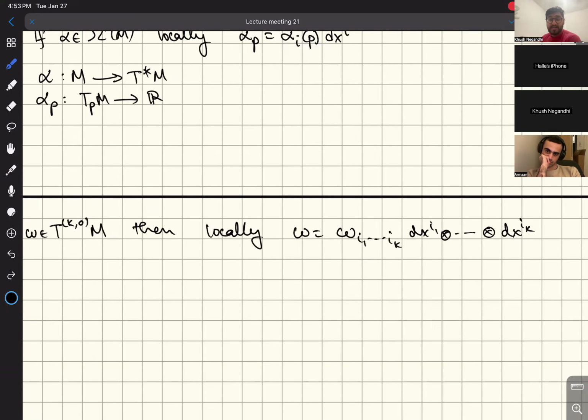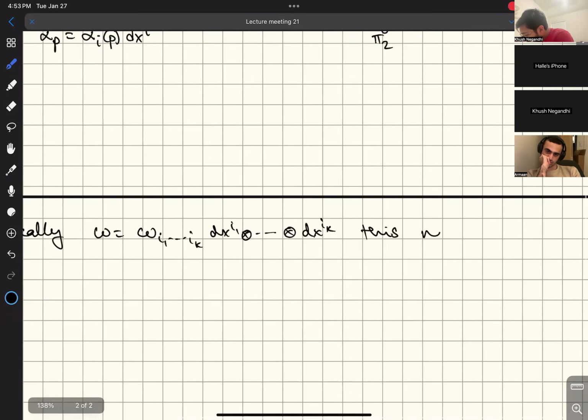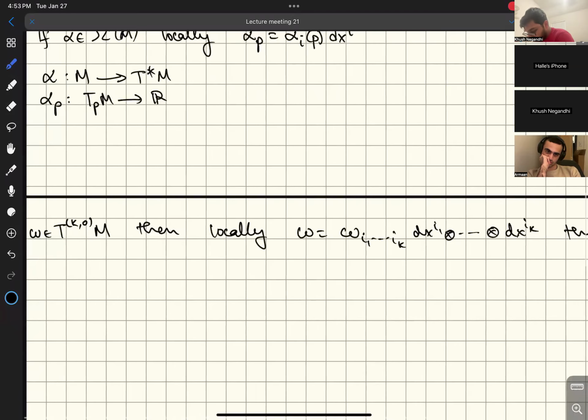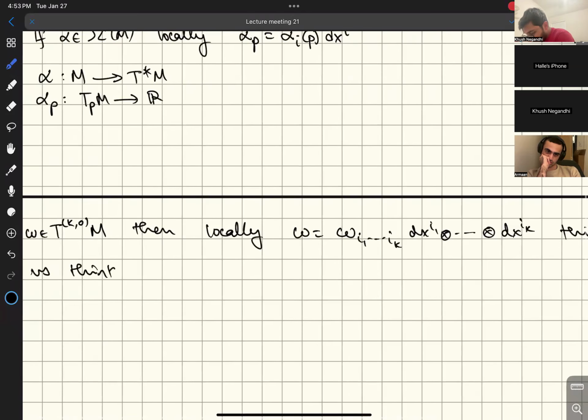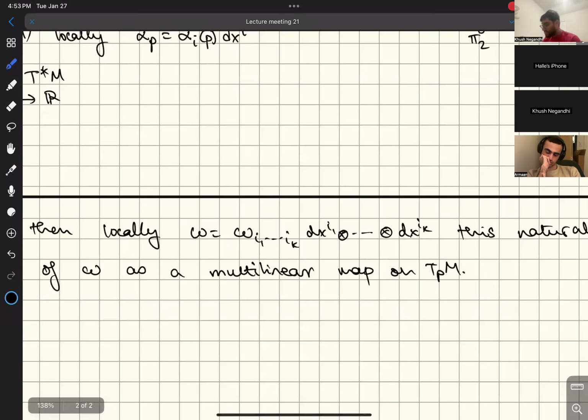This naturally leads us to think of a point in this bundle as a multilinear function on the tangent space. So this naturally lets us think of omega as a multilinear map on T_pM, where p is the point omega is based at.